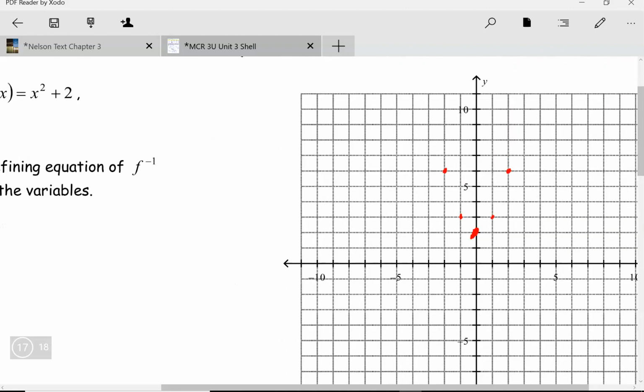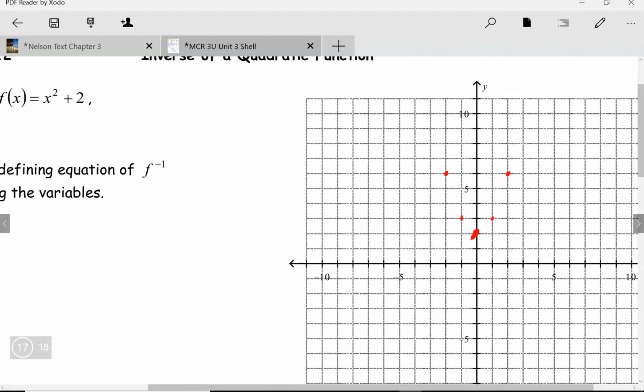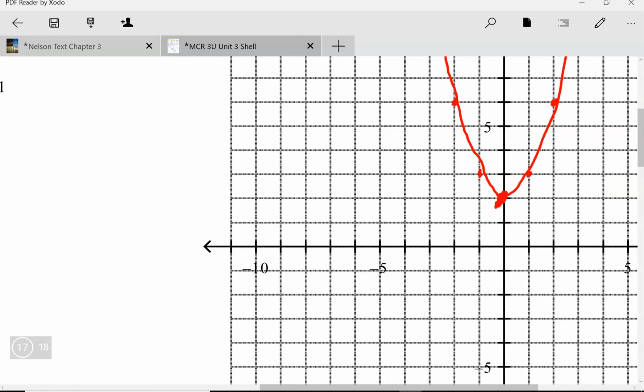We need 5 points; that's enough to make our inverse. We have our vertex at (0, 2). We have (1, 3), (-1, 3), (2, 6), (-2, 6). We have 5 points.